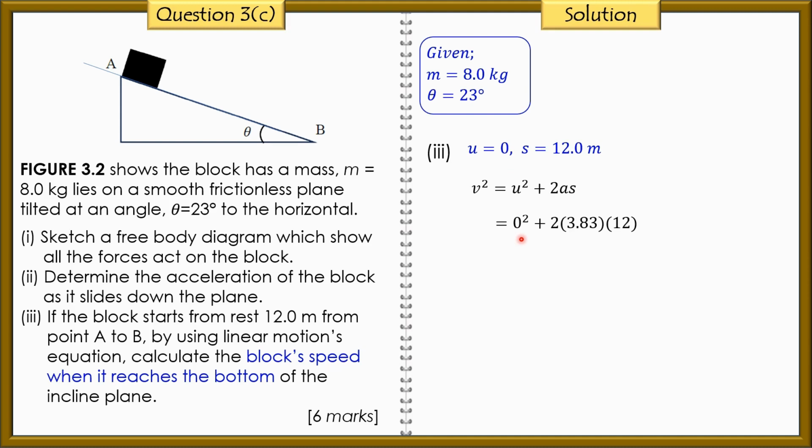We just substitute the acceleration that we have calculated, which is 3.83, and the displacement is 12 meters. So you will get that the speed when it reaches the bottom is equal to 9.29 meters per second.